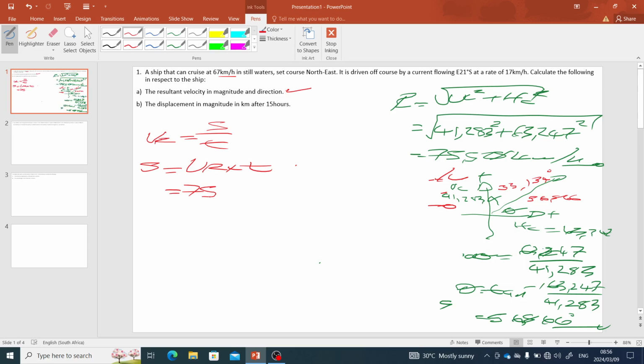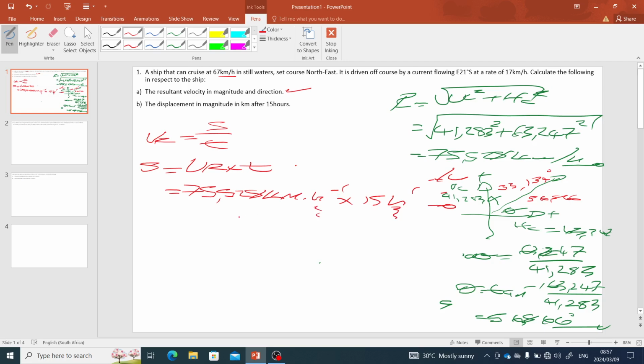Sorry about that. We did calculate our velocity there. It is 75.528 kilometers per hour multiplied by 15 hours. Bases are the same. What do we do with exponents? We add them.